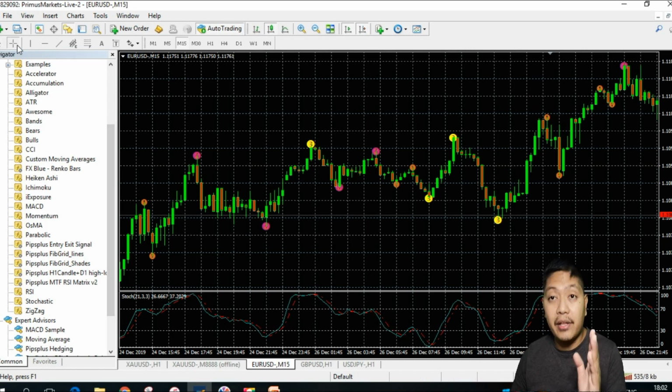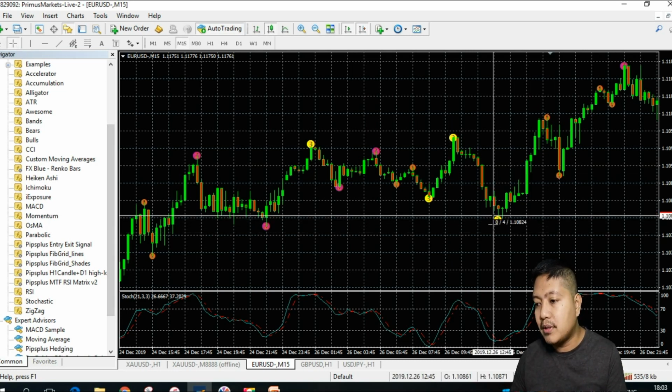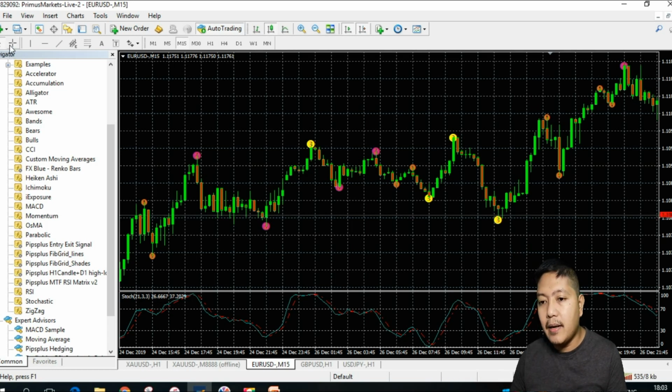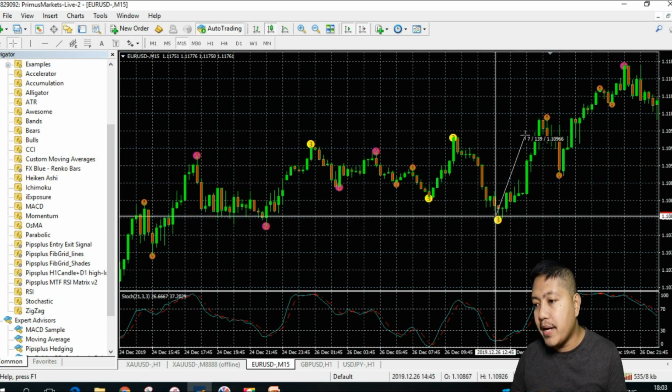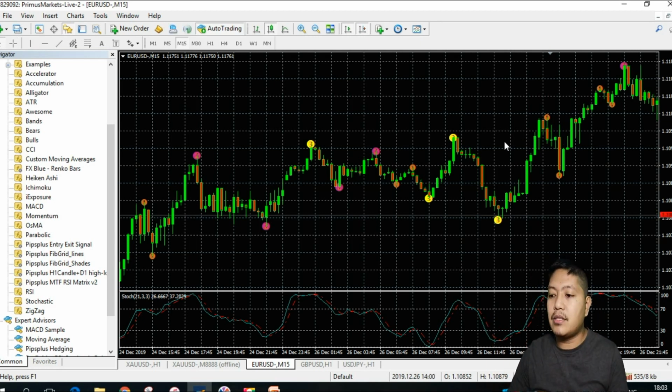It's your risk appetite. For me, I will put like 10 pips here, and then my TP will be at 15 pips or 10 pips as well, so plus minus.